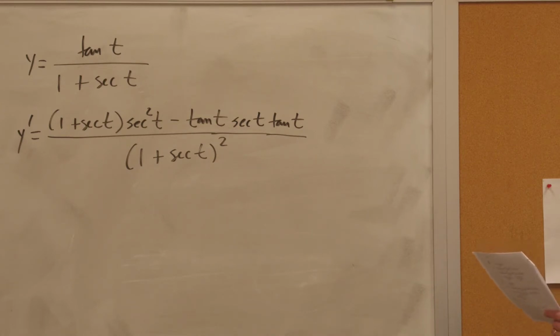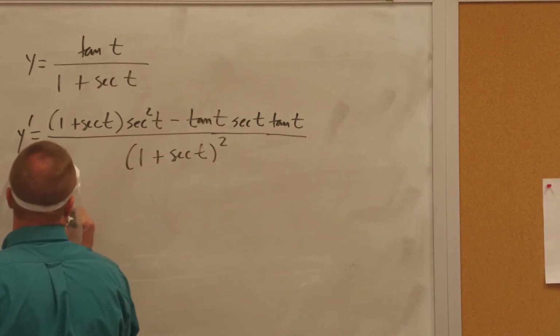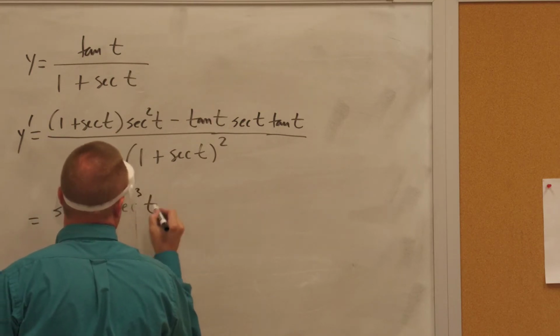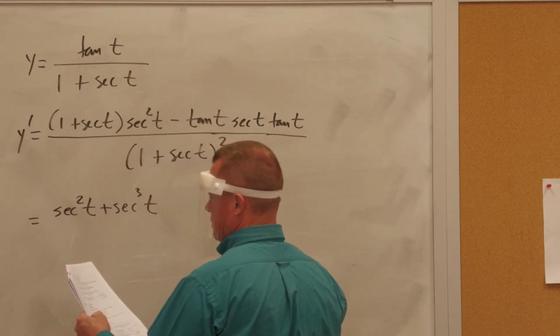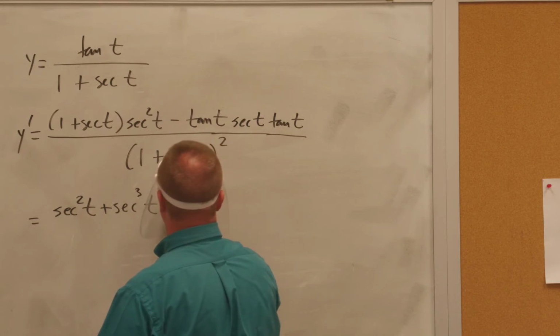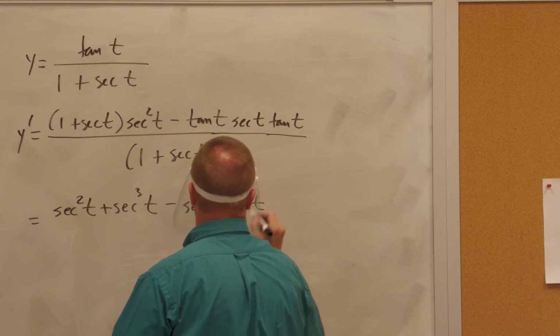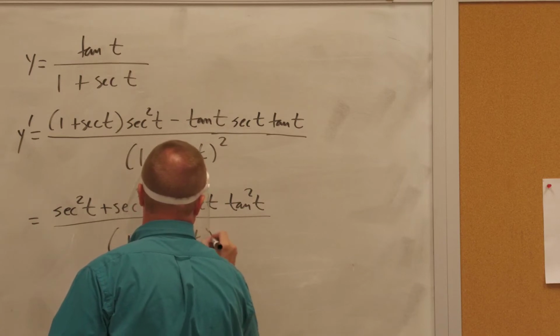All right, so I guess let's multiply that out on the top. So we would get secant squared t, is that necessary? Let's see. Yeah, okay, we'll go ahead and do that. All right, so minus secant t tangent squared t over 1 plus secant t squared, okay?